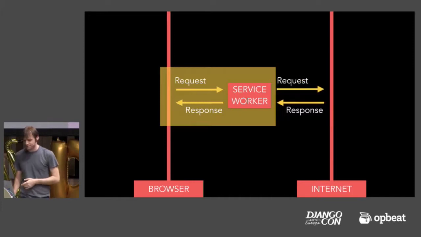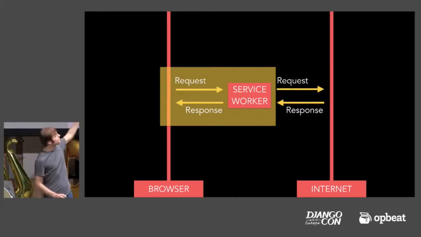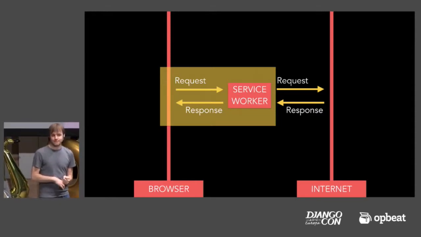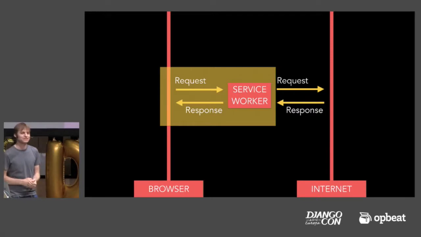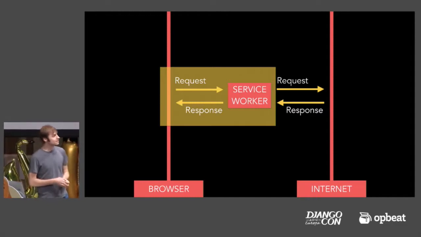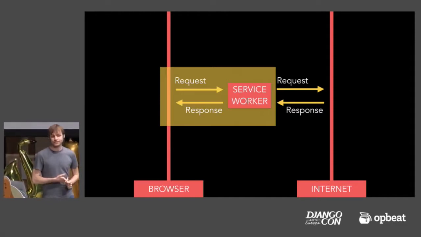But where it gets really interesting is when your service worker intercepts requests such that they're not even passed to the internet. And you have two huge advantages for that. Number one is performance, because if you don't hit the internet, you can basically do things instantly, and it is eye-poppingly fast to see some of this stuff work. The other advantage is things work offline.